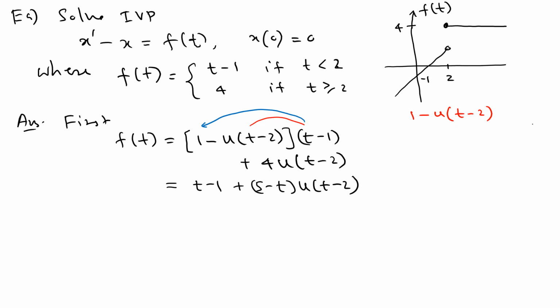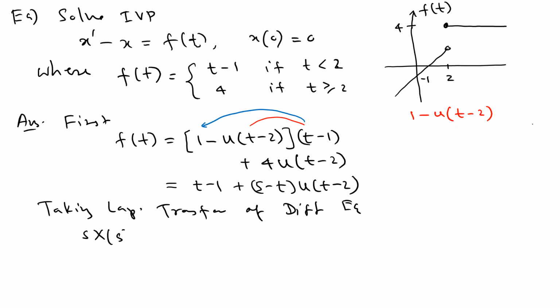So now what we need to do is just take the Laplace transform of the differential equation and invert. So taking the Laplace transform of the differential equation, we have sX minus sX because initial conditions are 0.